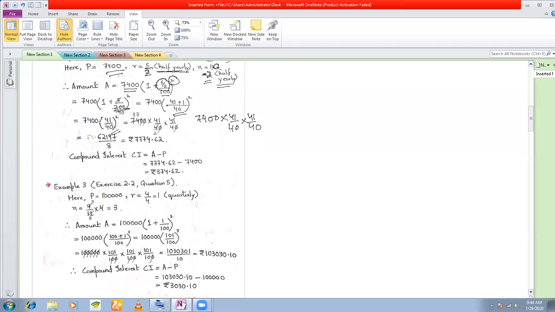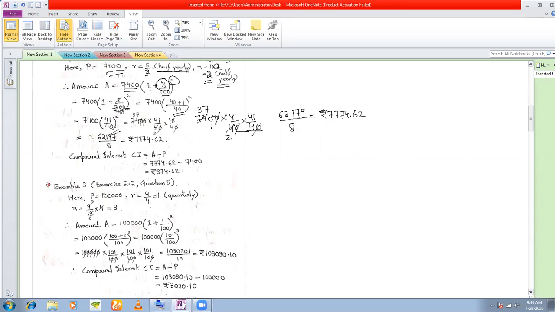Here I can cancel this only twice, and these two zeros obviously cancel. So I cancel the zeros and I get this as 37, and nothing else cancels. After the cancellation of zeros, I get the denominator 8. In fact, what I get is 37 into 41 into 41, which is 62197, and then if I divide this, I get the required answer as this.